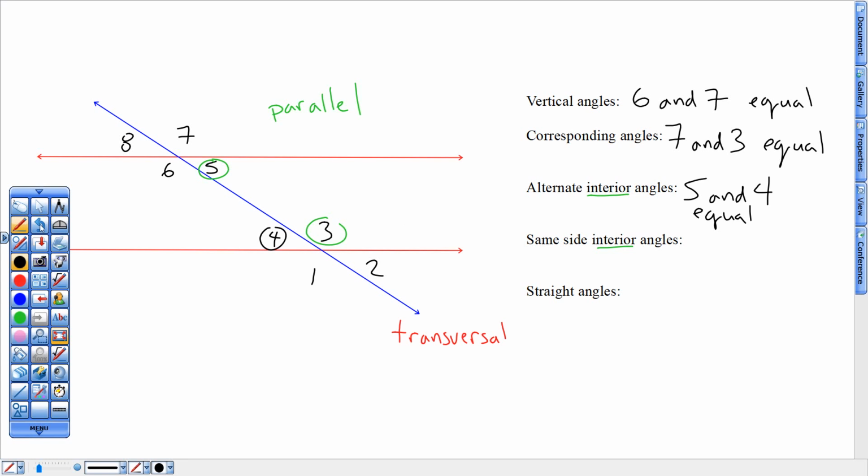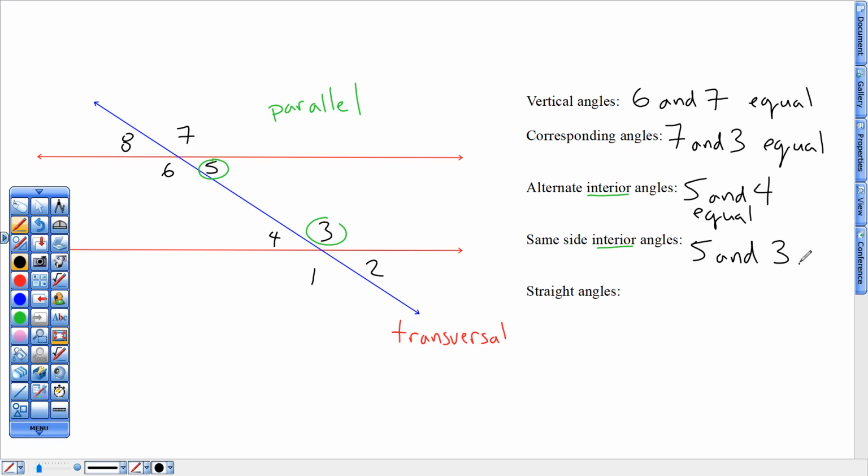But again, if I want a pair of same side interior, pick a pair of angles on the same side of the transversal, like maybe 5 and 3. That would be a good pair, 5 and 3, same side interior.